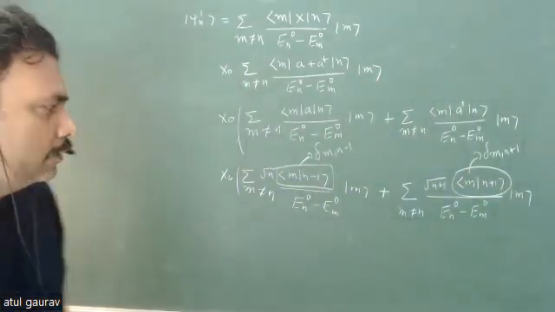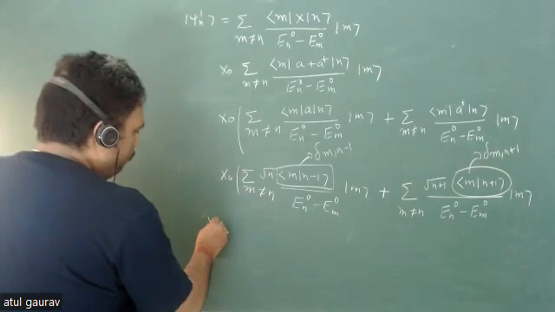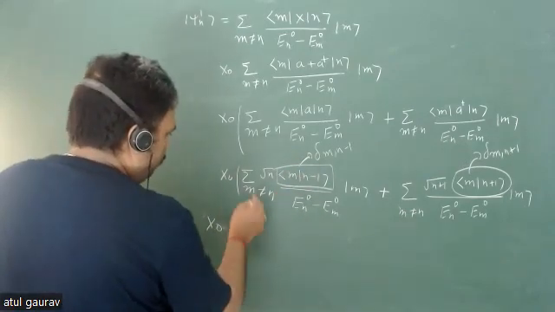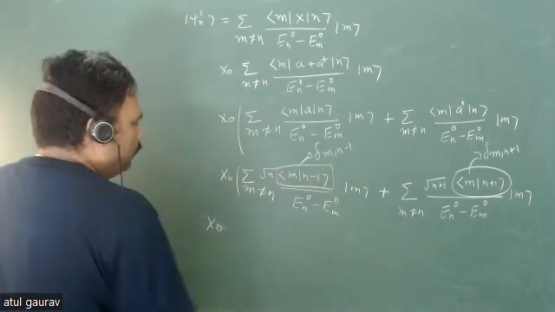Clear है ना? So what is going to happen? Then this value is equal to x naught, and for m equal to n minus 1, only this will survive, otherwise all terms are 0.